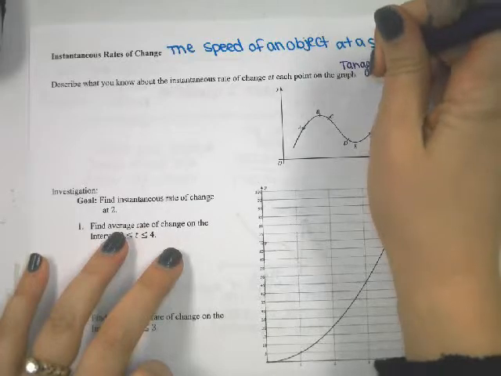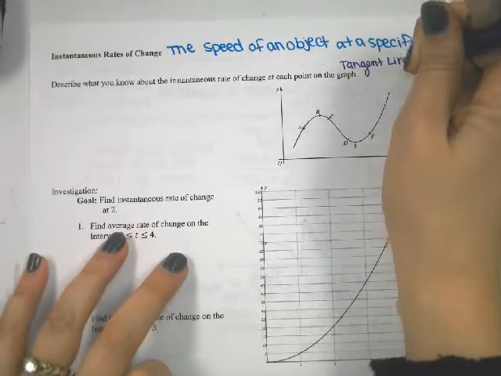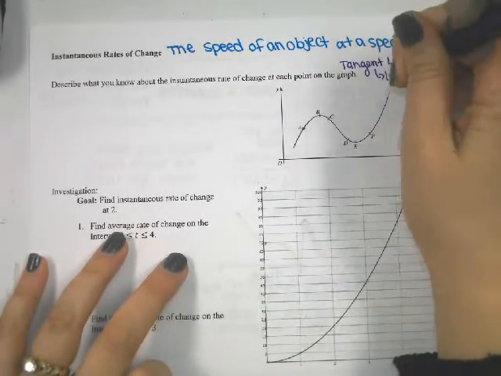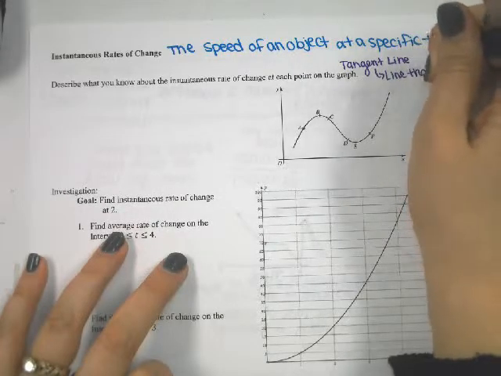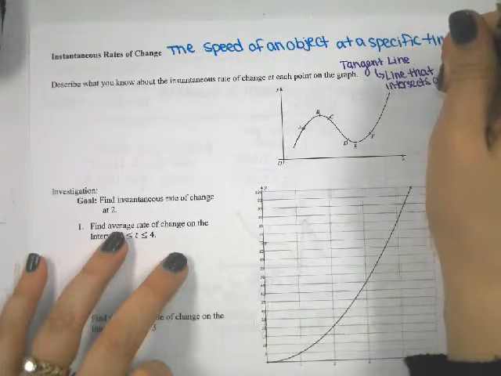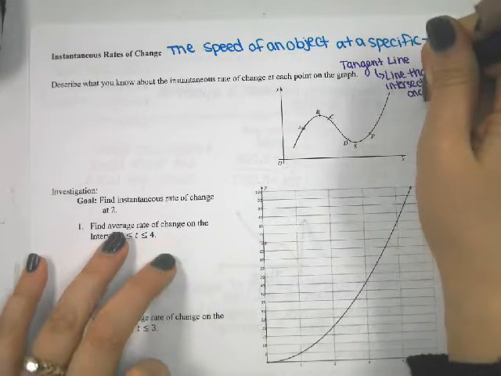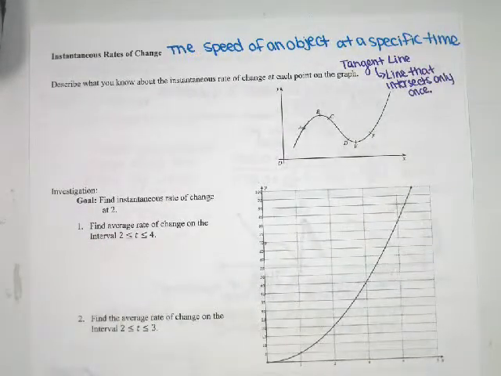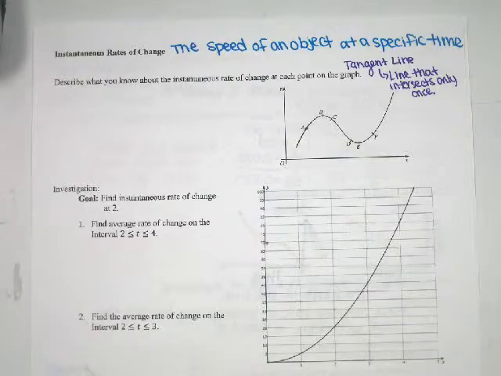So tangent line is a word that you learned in geometry. Here's the definition of it. In geometry, you looked at tangent lines to circles. It was a line that intersects the circle at exactly one point, only one point.